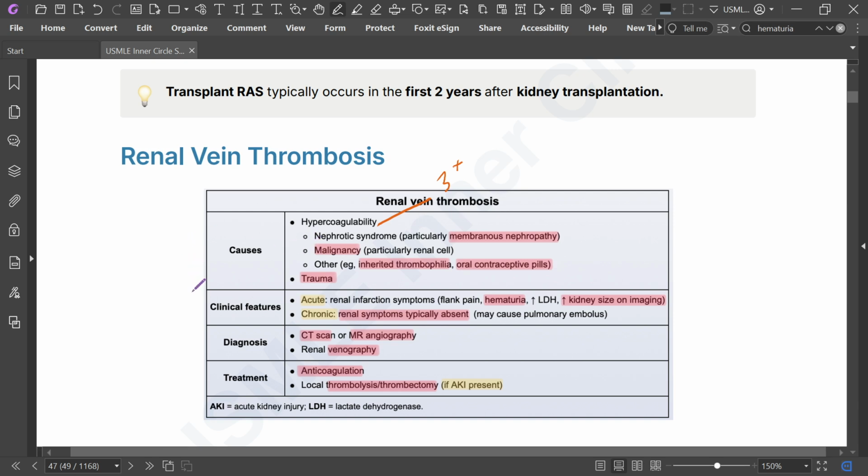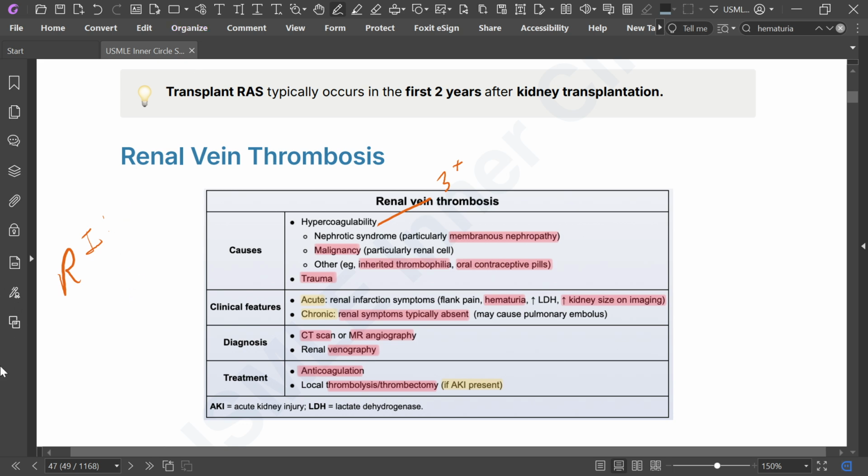If we look at the clinical features, there may be acute symptoms or chronic features. In acute cases, there are renal infarction syndrome symptoms. What do we find in renal infarction?